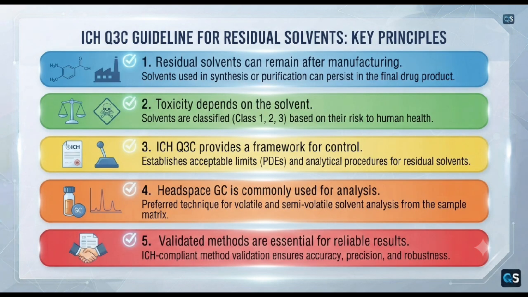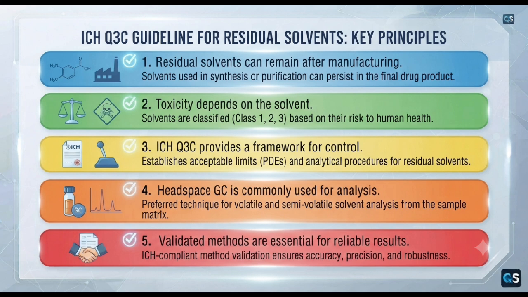To summarize, residual solvents are volatile organic compounds that may remain in pharmaceutical materials and manufacturing. Their control is important for patient safety, product quality, and regulatory compliance. ICH Q3C provides an internationally recognized framework for classifying and controlling residual solvents.